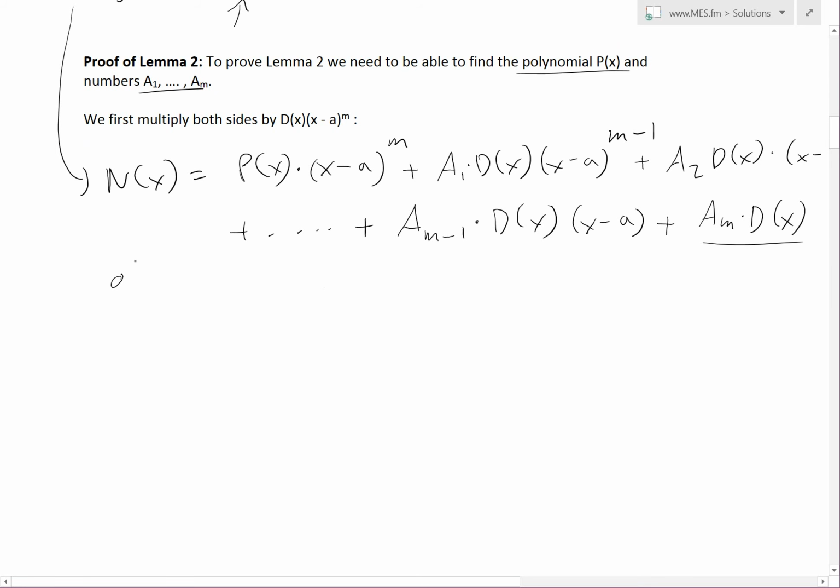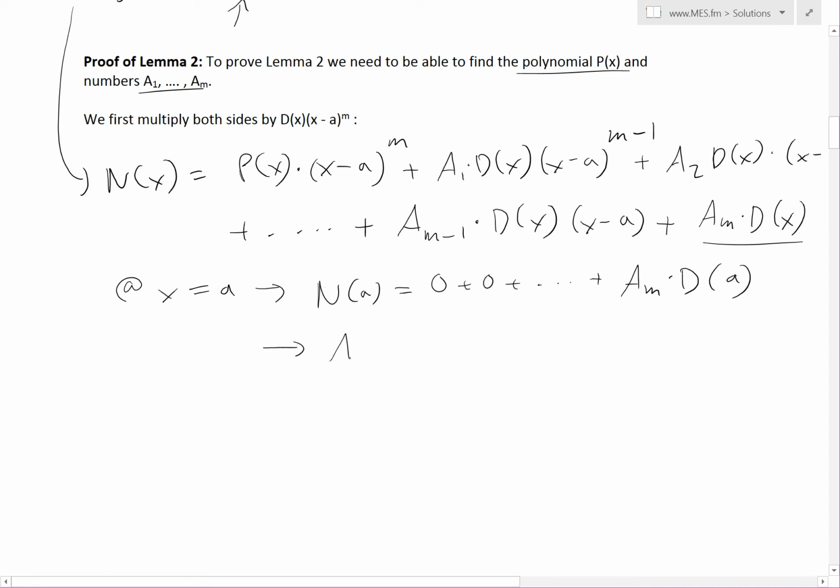So if we let x equal a, what we get in all of this is n of a equals, and now all these become zeros, 0 plus etc., except the last term, which is going to be a_m times d of a right here, because x minus a is 0 everywhere else.